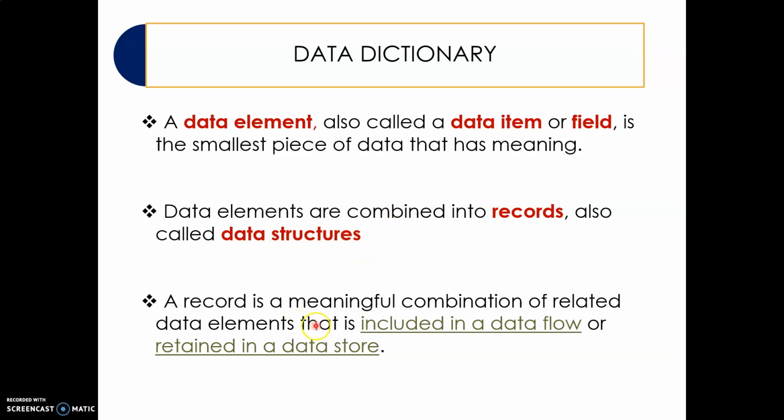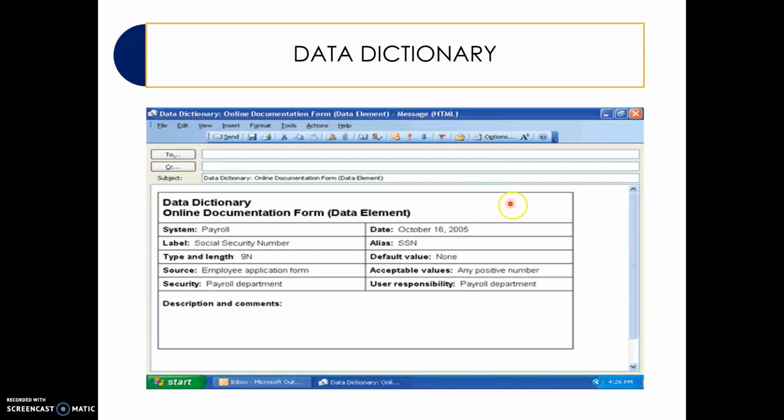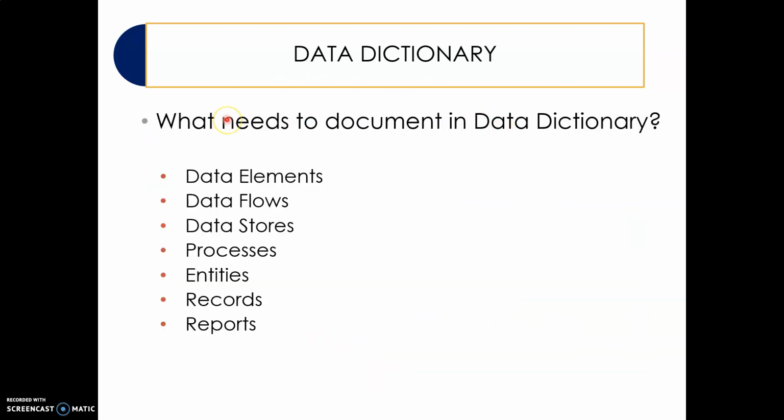A record is a meaningful combination of related data elements that is included in a data flow or retained in a data store. It is important to document all of this in the data dictionary, including data elements, data flows, data stores, processes, entities, records, and lastly, reports.